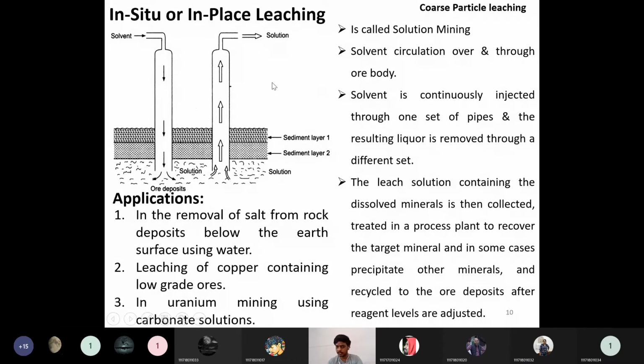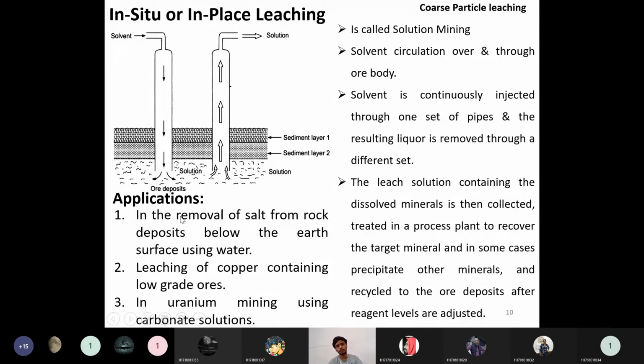So the operation can be carried out in situ at the mining place itself, without taking out the mining ore. Pipelines are drilled inside the mining; one set of pipes injects the solvent, and another set extracts the solution, which is then subjected to further purification. The applications of in situ leaching are not very limited.